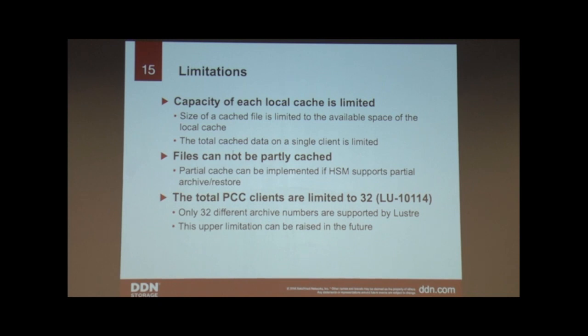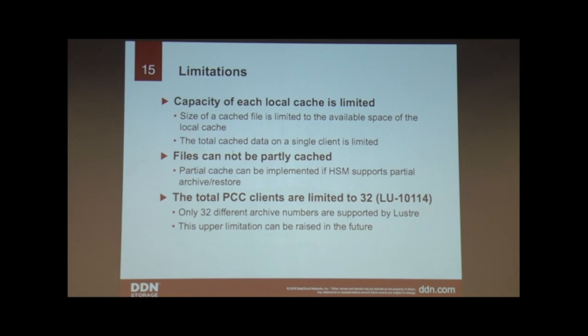Obviously, there are some limitations if you really want to use PCC, because as we know, the NVMe or SSD on the Lustre client is limited. The capacity limitation is one of them. The size of the cached file is limited, and the total cached data on a single client is limited.